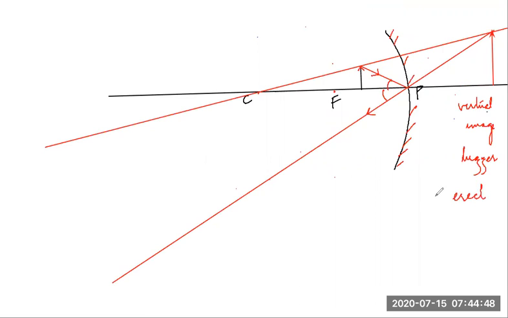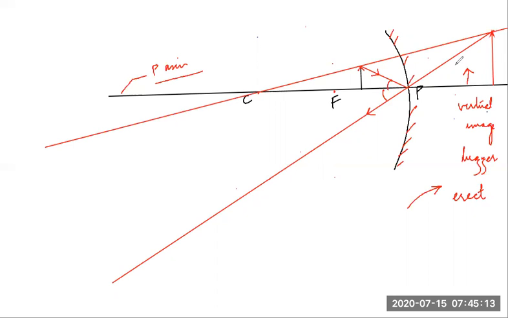So this case is quite different from all the cases. In all the cases, we had inverted image in case of concave mirror. But in this case, we are having what? We are having erect image. It is above the principal axis. This is your principal axis, and at the same time, the image is virtual.